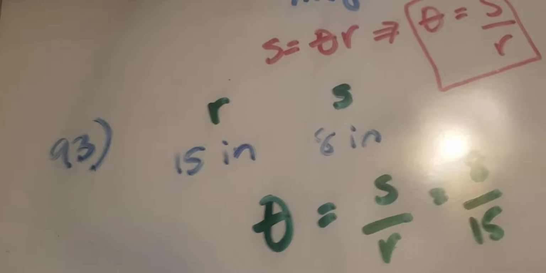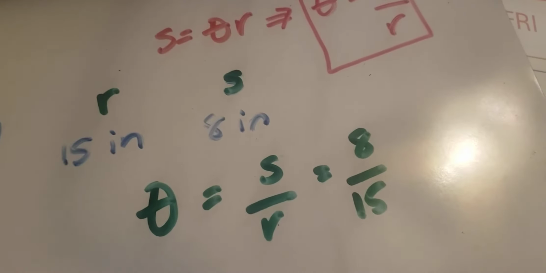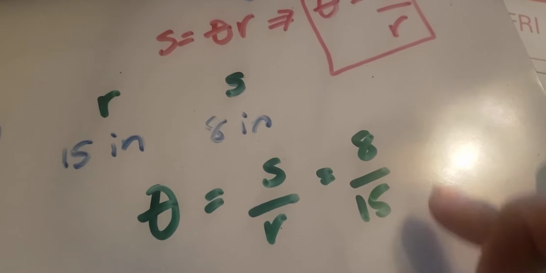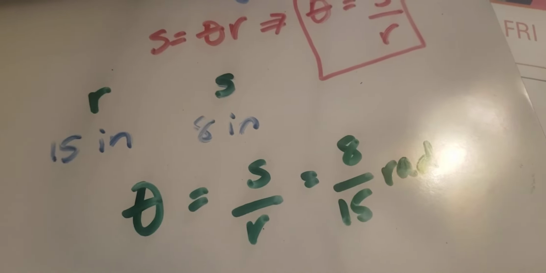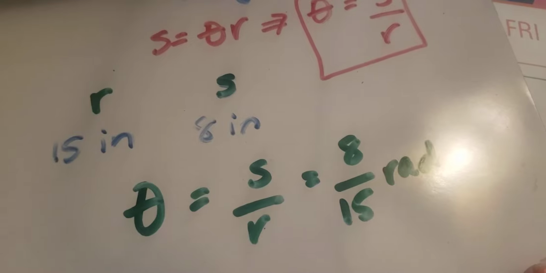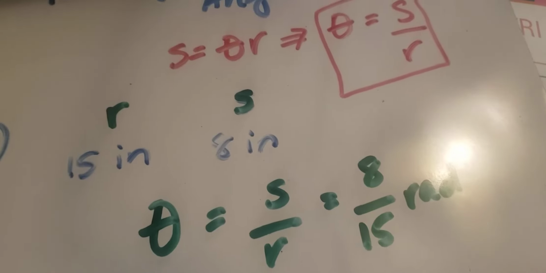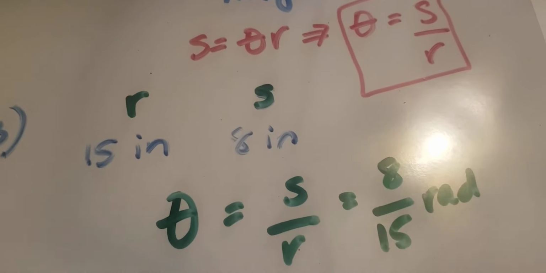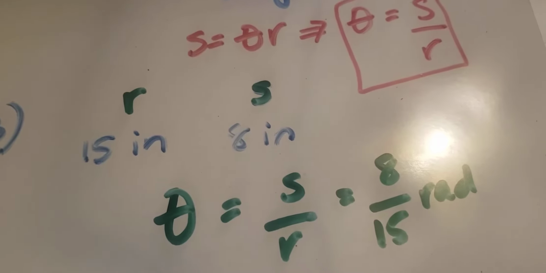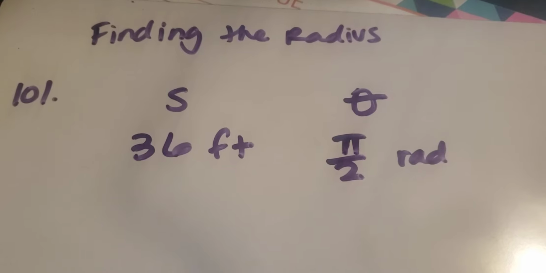There's nothing to simplify, so my central angle is literally 8 over 15, and of course everything's measured in radians. That's it. Again, this is kind of an extension of example 5, so that's the formula we used earlier. All right, guys, let's move on to the next one.